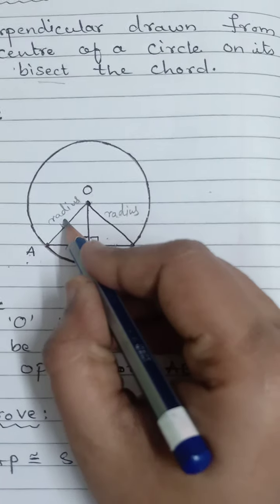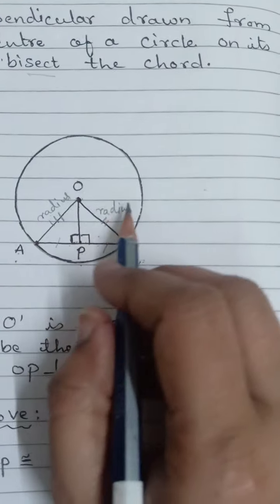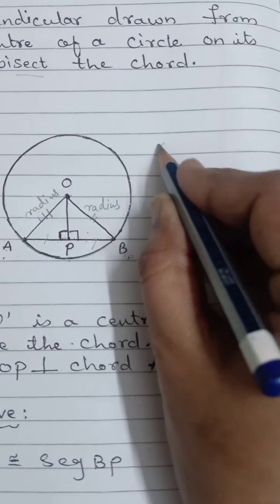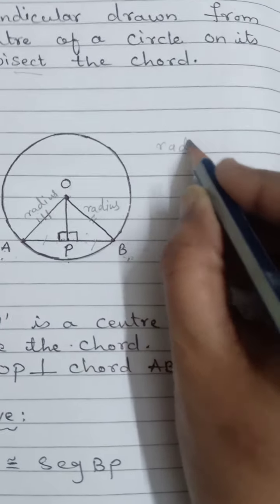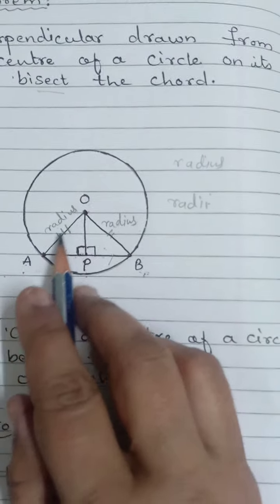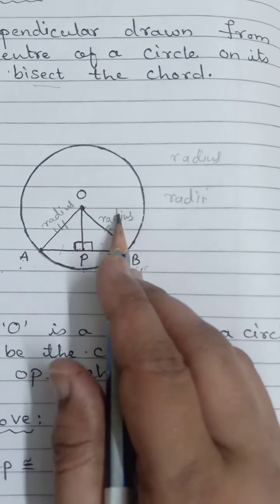So we can say this OA will be congruent to OB, because they are nothing but radii of the same circle. Whenever we are taking one radius, we write radius. If we take the plural, that means more than one radius, we write radii. So you have to remember that this OA will be congruent to OB because both are the radii of the same circle.